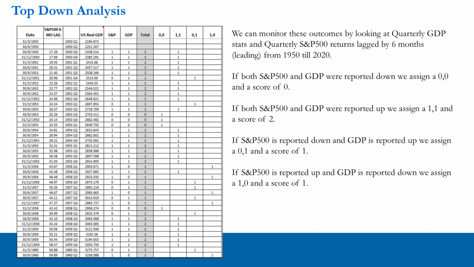Okay, so you can see in the two columns where we've got US real GDP and the S&P 500 returns with a 6-month lag. So we have the level of GDP and we have the level of the S&P, and we compare the two.